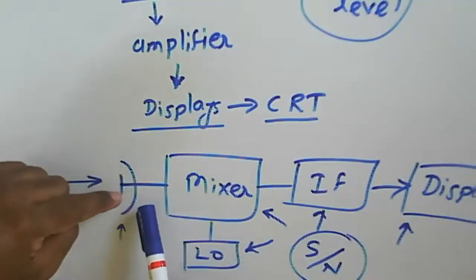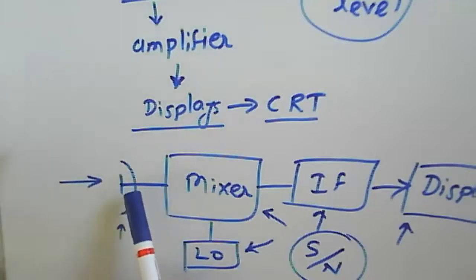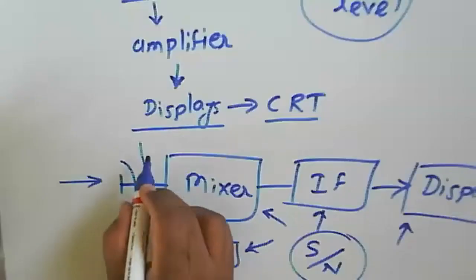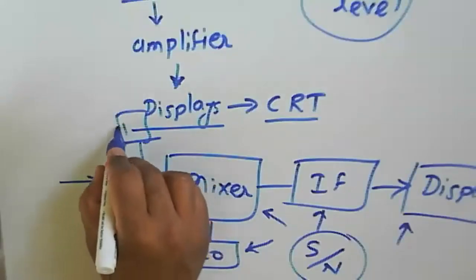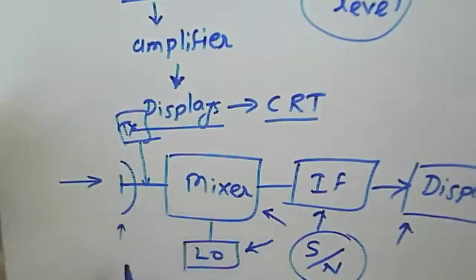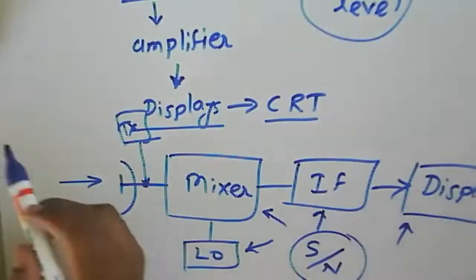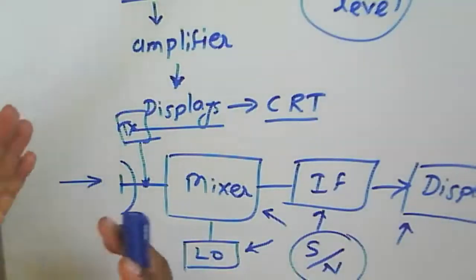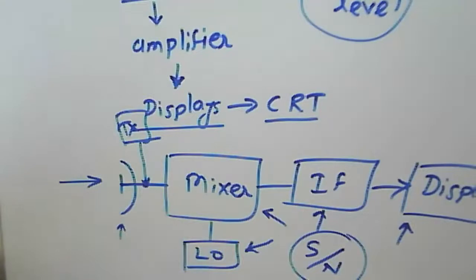Here we have a junction, a T, which is to be used because it is a duplexer here. Because the same antenna is useful for the transmitting purpose as well as for the receiving purpose, that's why there is a switch here. The noise will be at the switch, mixer, or every device. So we need proper matching of those components, or proper use of those components, so that will reduce the noise.